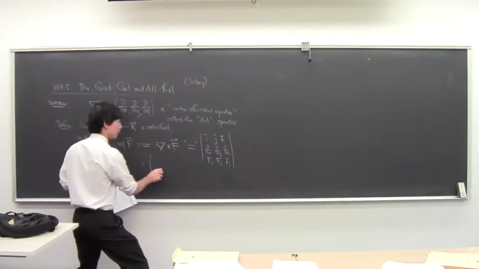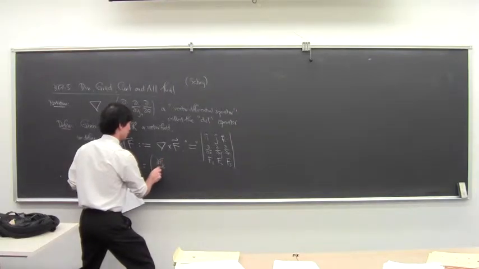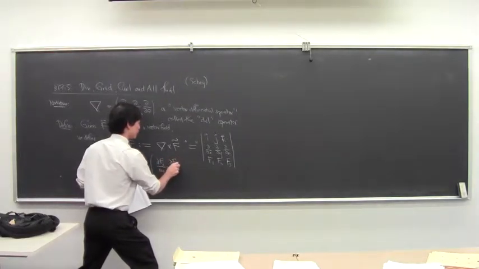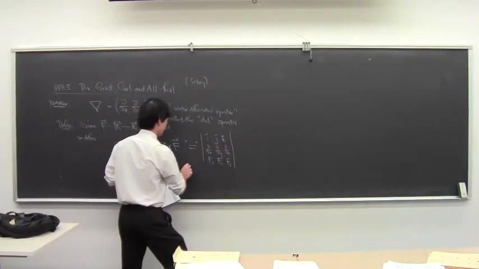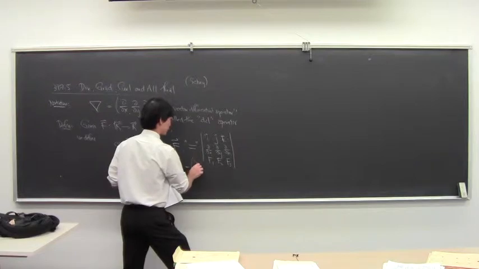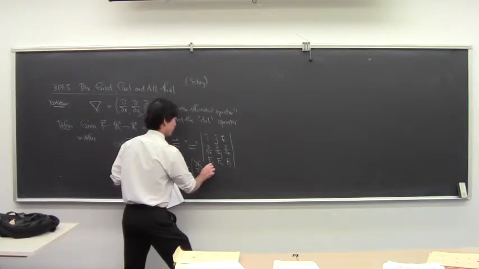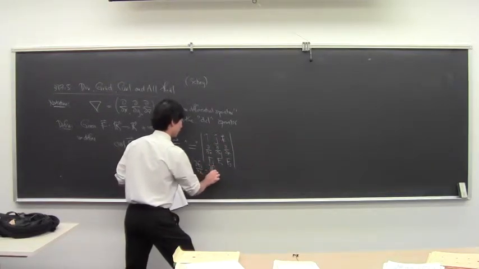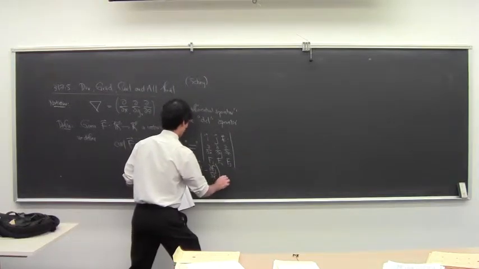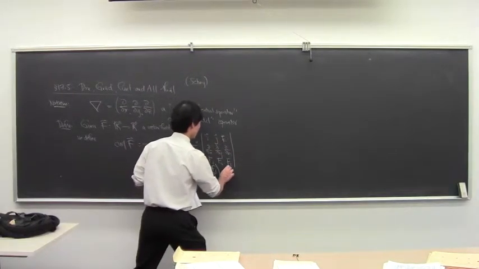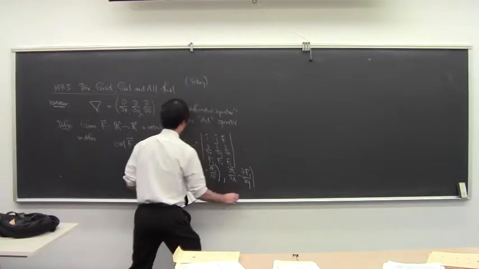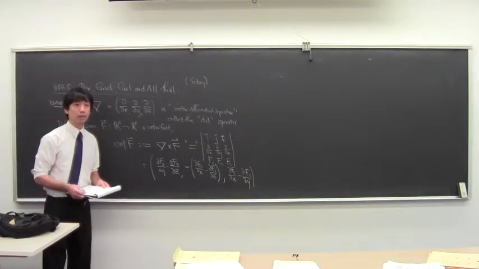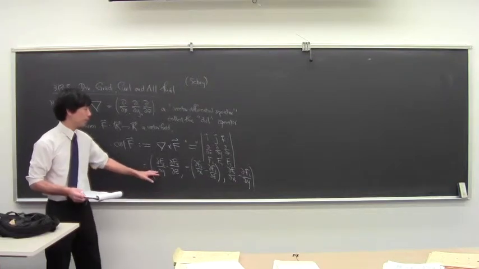This is going to be dF3/dy minus dF2/dz, comma, and then negative dF3/dx minus dF1/dz, comma, and then dF2/dx minus dF1/dy.